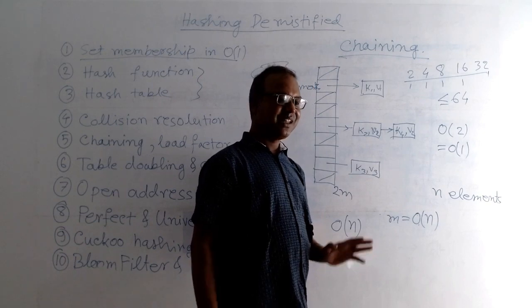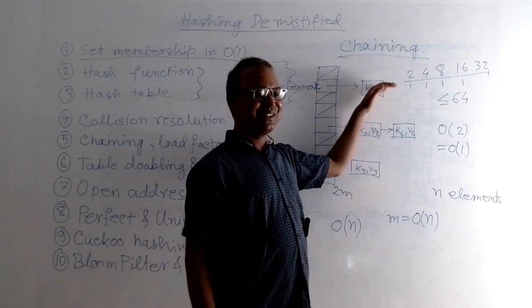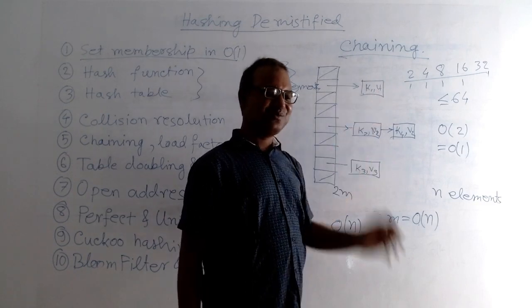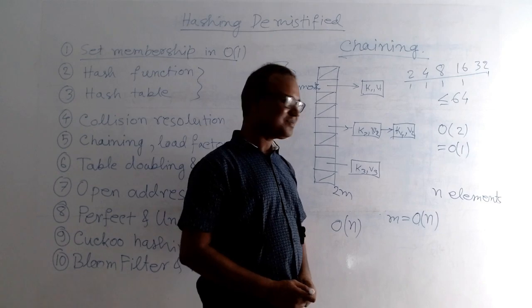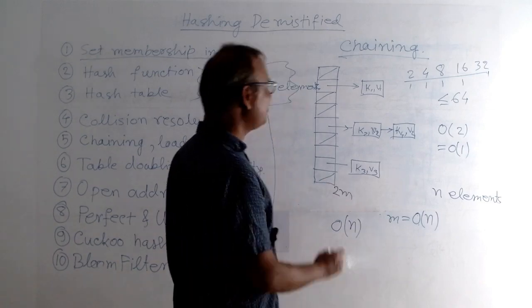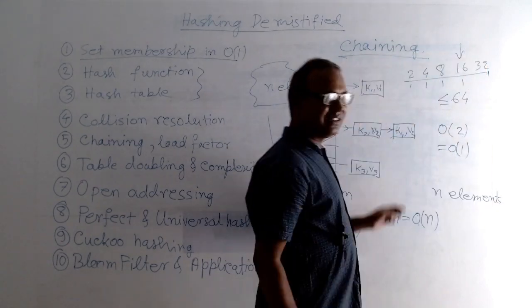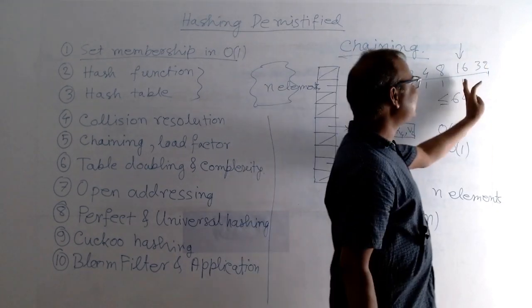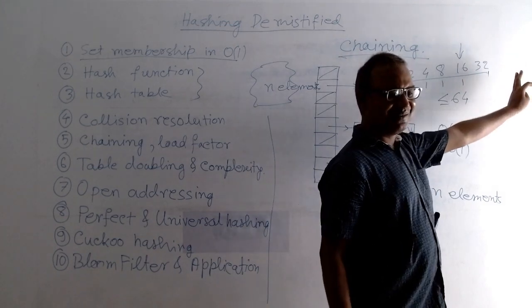In the reverse way we can do the shrinking, but we have to be a little bit careful. How? Let's say we have 16 elements, and we insert one more element, 17 elements. We go for table doubling.